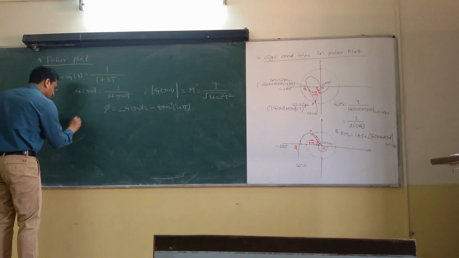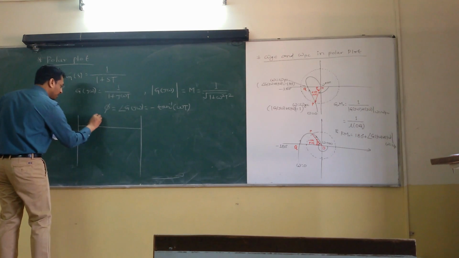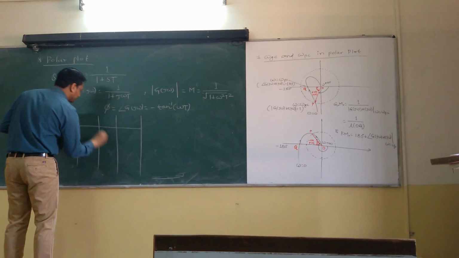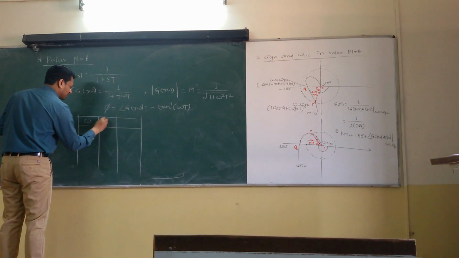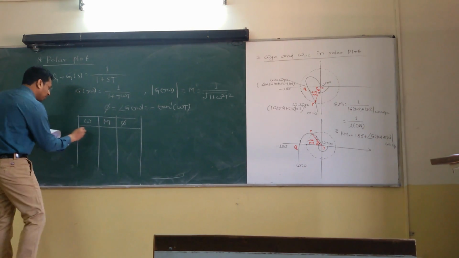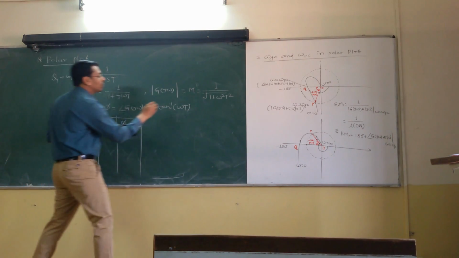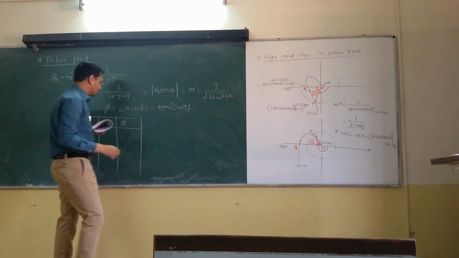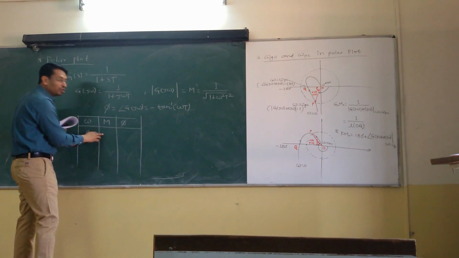So now our next job is to prepare the table: omega, magnitude and phi. So when omega is equal to 0, put the value of omega equal to 0 to find the magnitude. What is the value of M0?